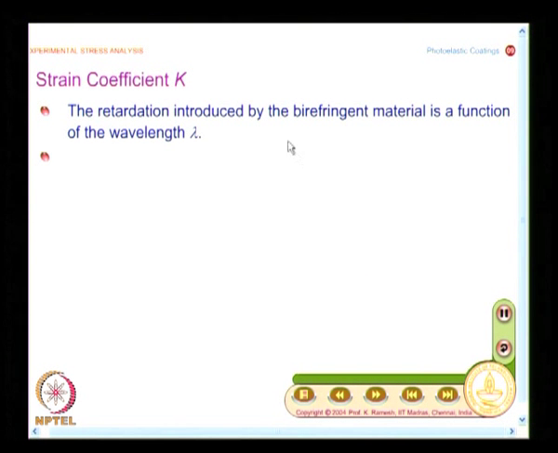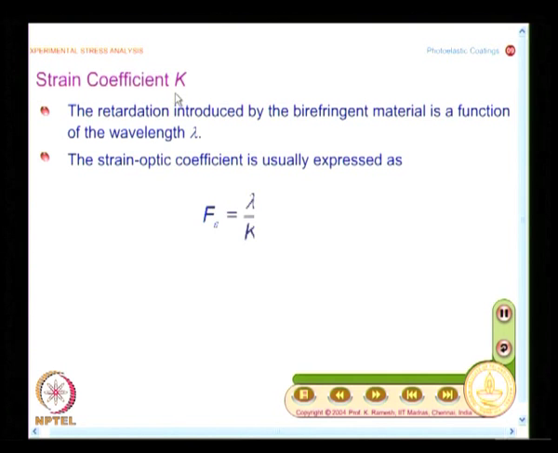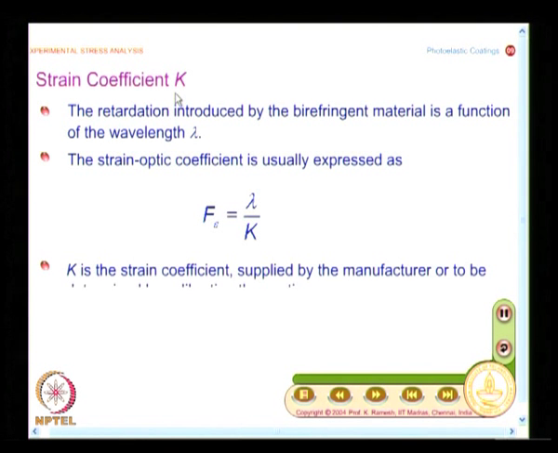And we also define a factor called the strain coefficient K. This is very similar to what you have seen in transmission photoelasticity. In transmission photoelasticity, you had defined f sigma as lambda by capital C. Here f epsilon is defined as lambda by k, and you have to recognize that retardation introduced is a function of wavelength lambda.